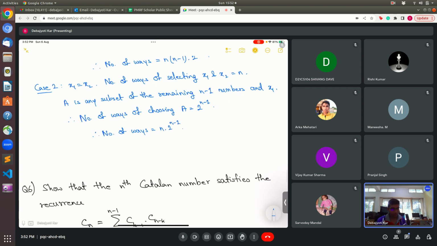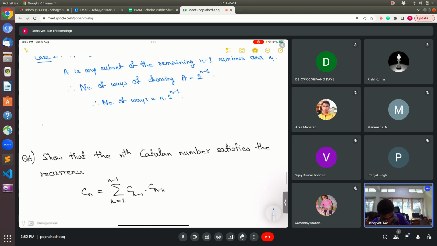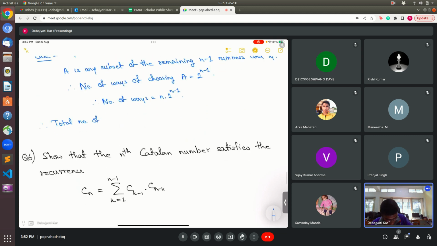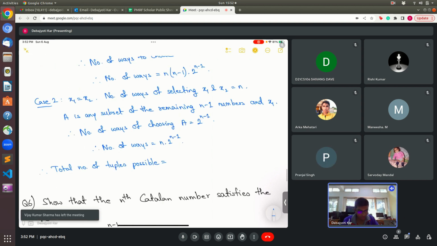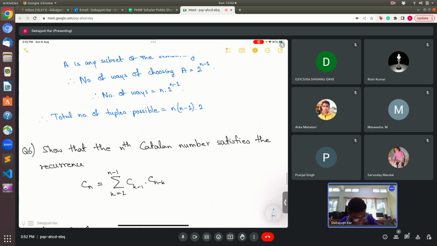So this is the sum of these two things. One is n into n minus 1 times 2 to the power n minus 2, plus n times 2 to the power n minus 1.